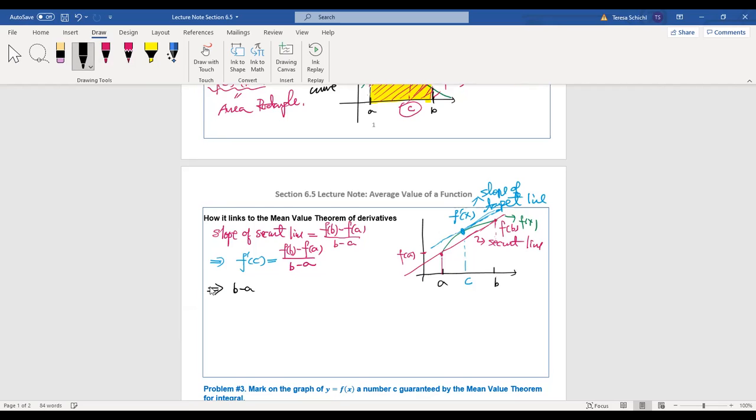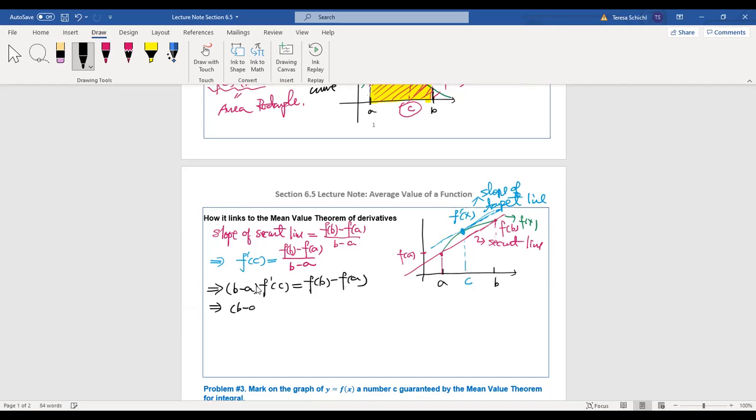So this is b minus a times f prime of c, and this is f of b minus f of a here. So I can use any secant, it doesn't have to be this one, right? Now I'm taking the integration on both sides.